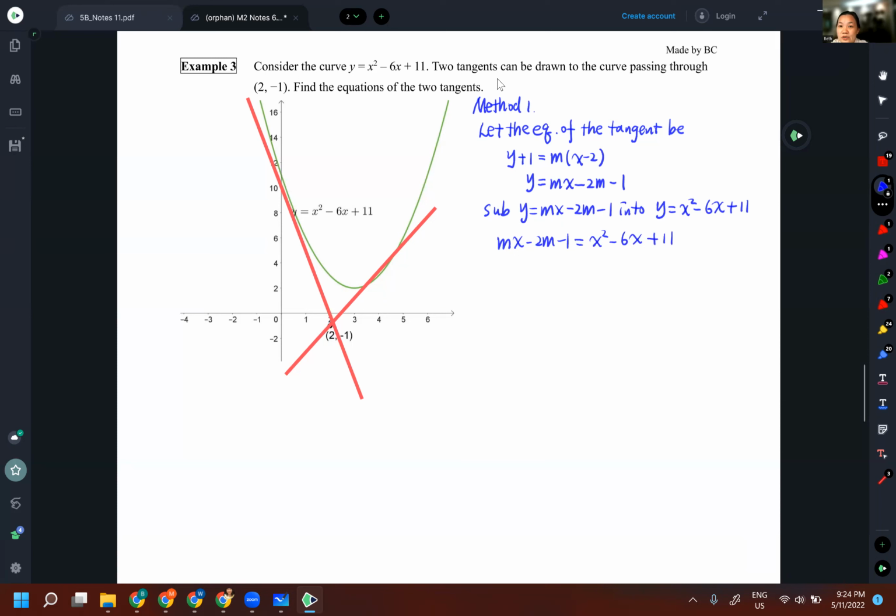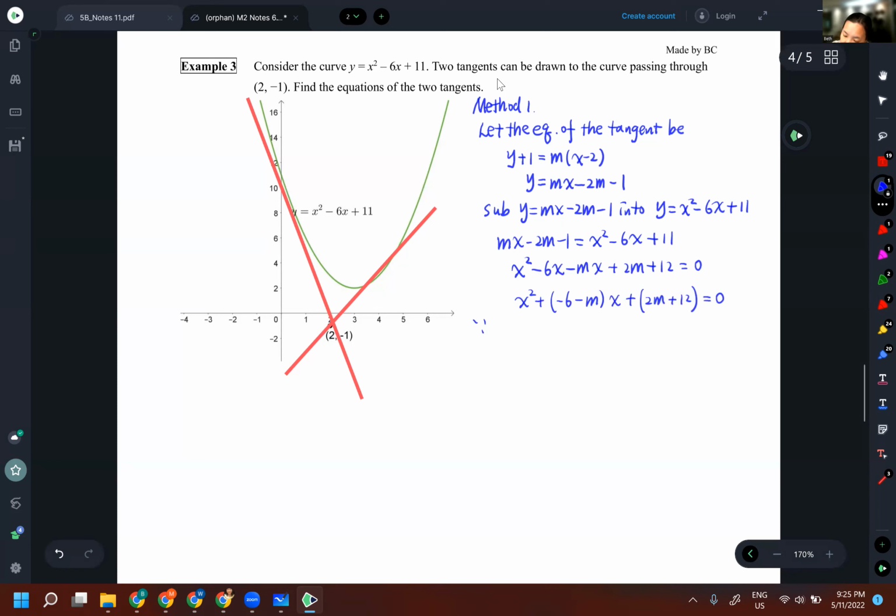Now I have an equation in x, but it's not in the best form. So x squared minus 6x minus mx plus 2m plus 12 equals 0. Then x squared plus (-6 minus m)x plus (2m plus 12) equals 0. Now in the general form.